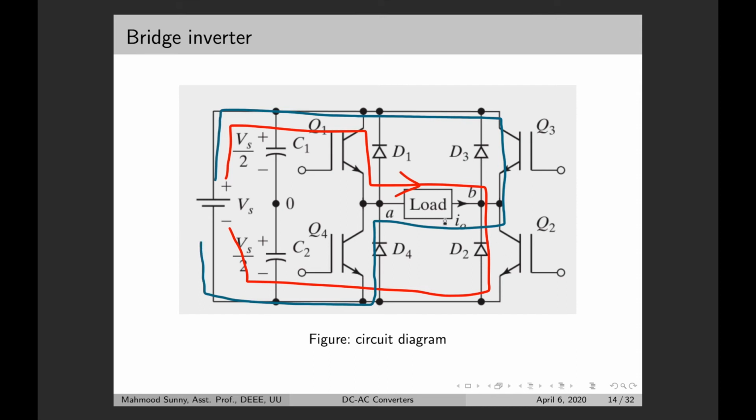And now the direction of the current flow is like this. So we can see that for 50% of the time, if we turn on Q1 and Q2, then the direction of the current flow is from left to right. And for the other half of the cycle, if we turn on Q3 and Q4, then the current flows from right to left.